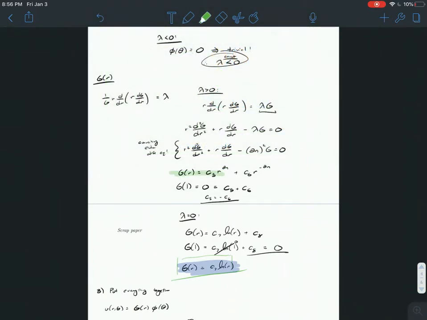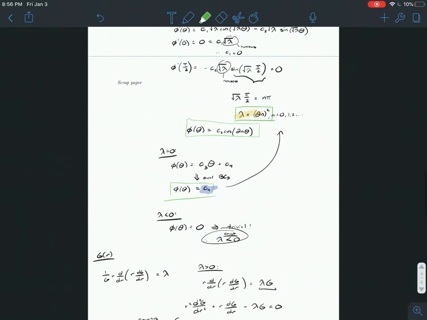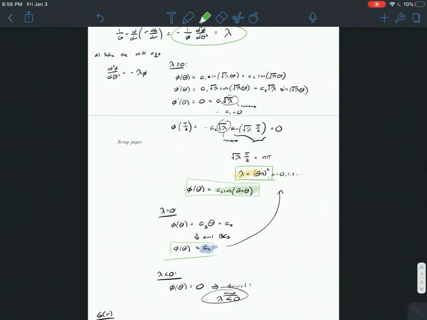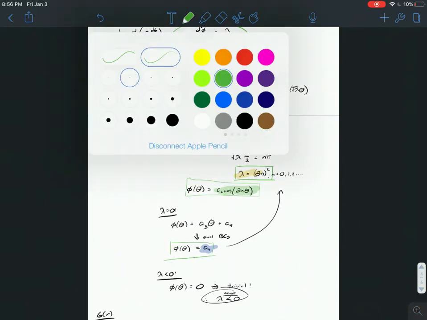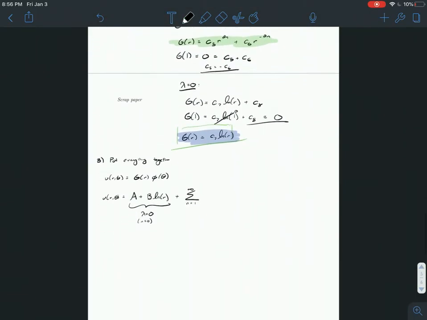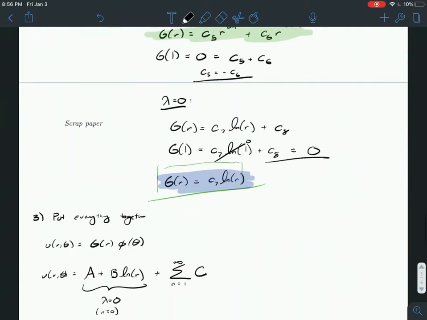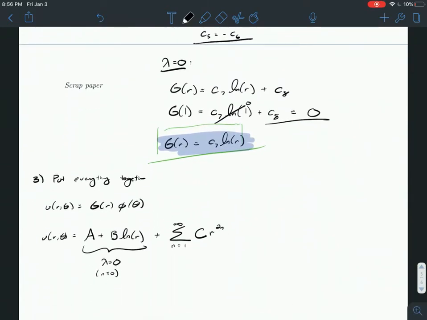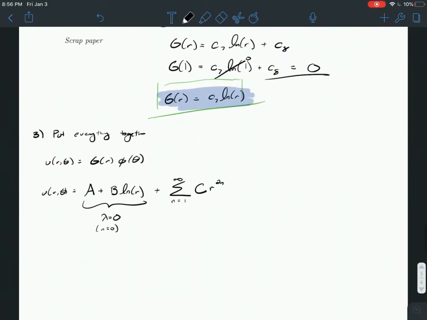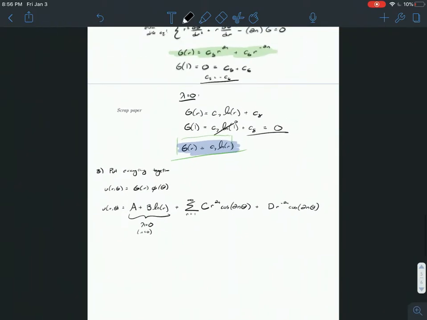So when lambda is greater than 0, we have this differential equation and then this differential equation. So our solution is going to be a little long. So we're first going to have, let's call it C of r to the 2n times cosine 2n theta plus d r to the negative 2n cosine 2n theta.